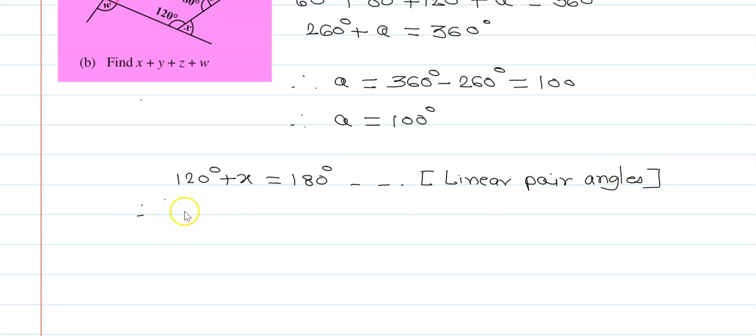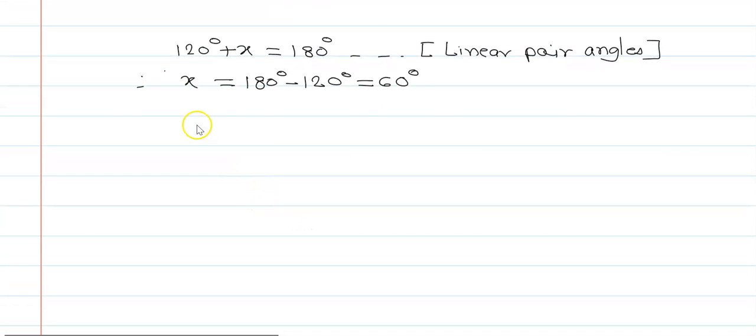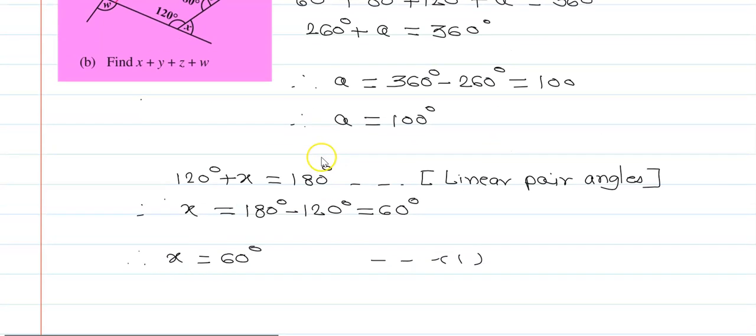Therefore x is equal to 180 minus 120, and that's equal to 60. Therefore x is equal to 60 degree. This is the first one.